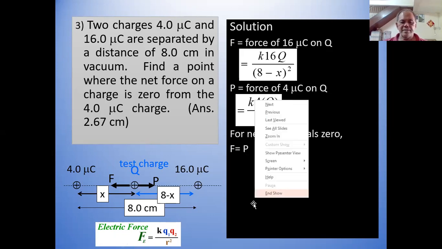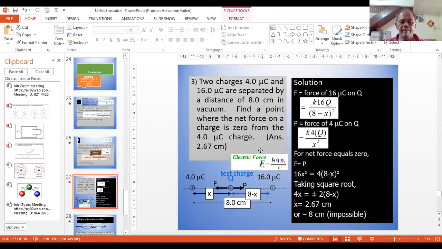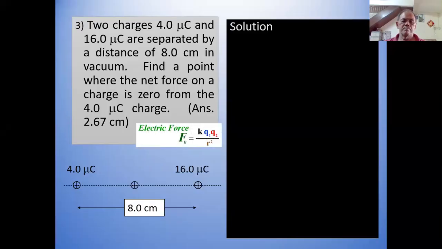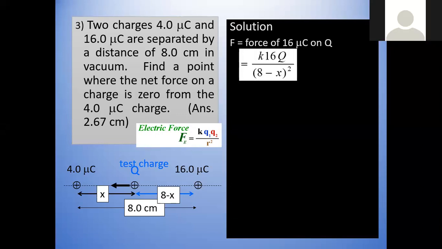Can get the answer now. So that means you equate them to each other? Yeah, the two forces are equal. That's how you get a resultant force of 0.